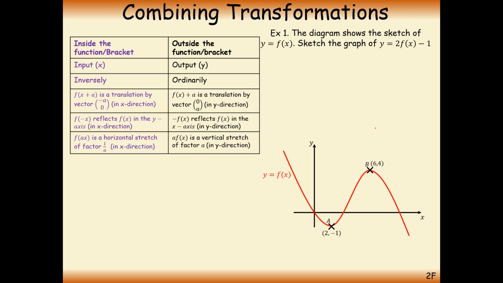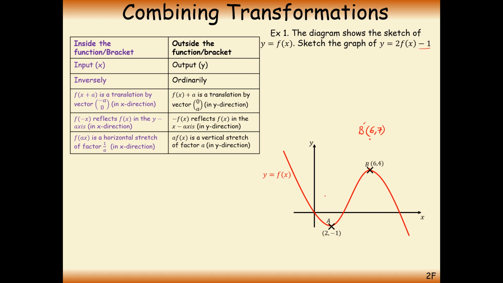So this 6 and 4 will become 6 and double of 4, it will be 8. But after that, we'll have to subtract 1 as well. So 8 minus 1 will be 7. This will be the new coordinate of B. I'm going to call it B dash. The coordinates of A are 2, minus 1.